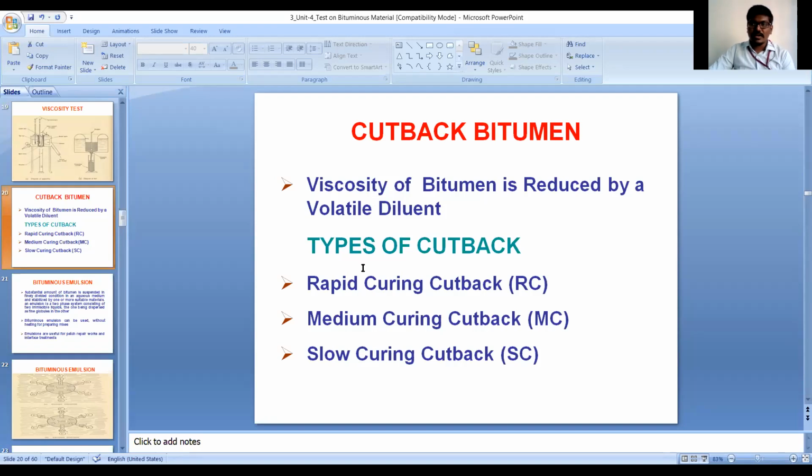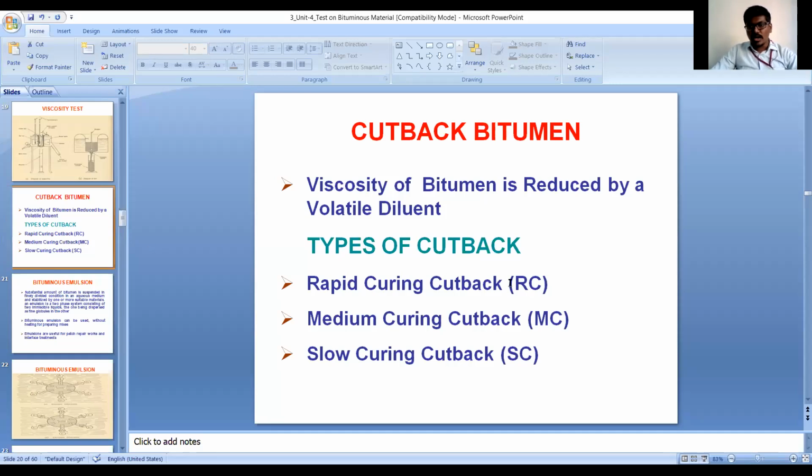Next, what are the types of cutback? There are three types: rapid curing cutback, medium curing cutback and slow curing cutback. Whenever I say these three types, you can remember it this way: RC means rapid curing cutback, MC means medium curing cutback, and SC means slow curing cutback.